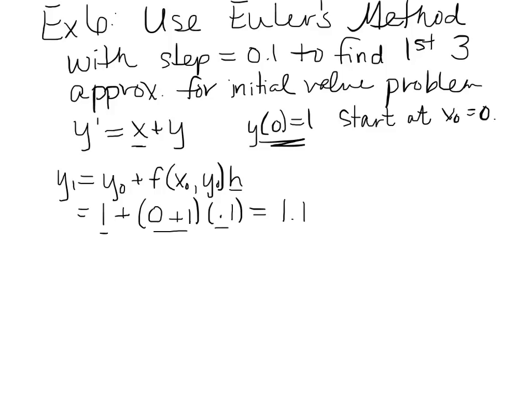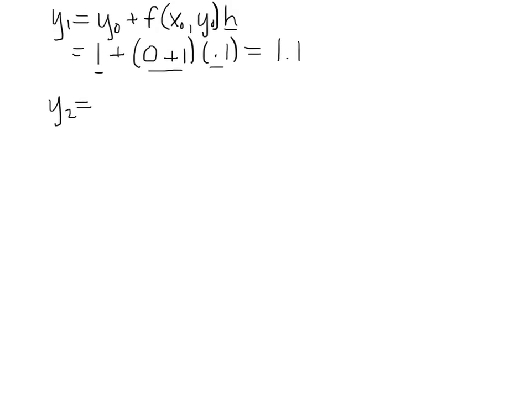My second approximation then is going to give me y2. And y2 is going to use my previous term, or my y1 term, and I'm going to add that to my function evaluated at x1, y1, times my value of h.